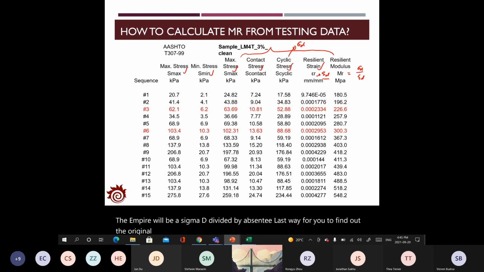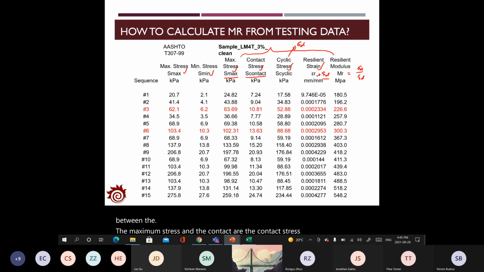Also, you might be worried about how you can find out the cyclic stress. Basically, the cyclic stress will be the difference between the maximum stress and the contact stress.